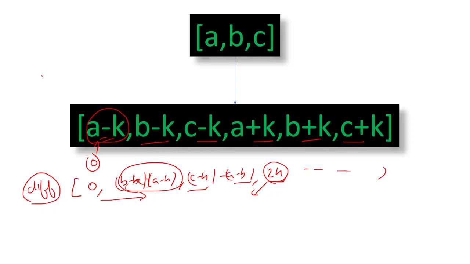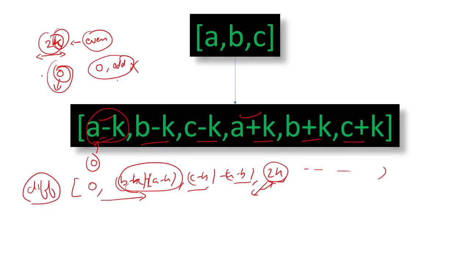One thing to note here is that when we subtract the values, we get 2k, so the difference should be even, and the difference should not be 0. So if the difference is 0 or odd, we will not take that difference, otherwise we'll take it.